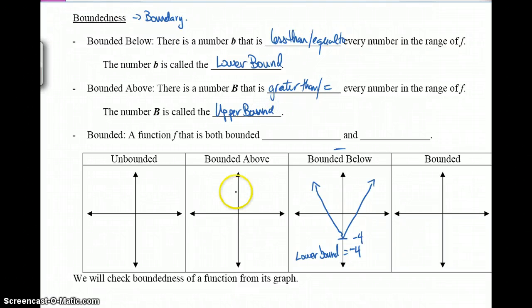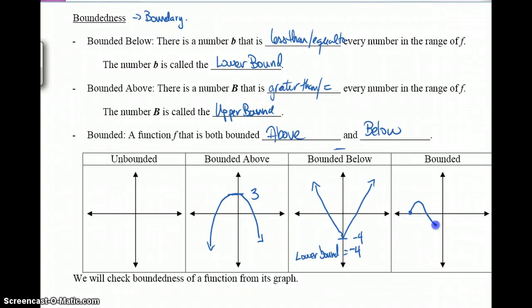So if I have an upside down parabola, say that's my upper bound. Let's say it's 3. That 3 would be my upper bound. And if a function is bounded both above and below, I have a function that is called just overall bounded.